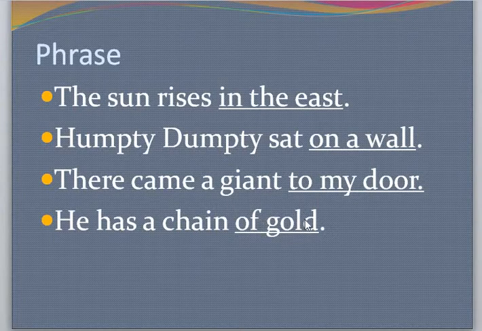Well, dear students, keep it in your mind. There are different types of phrases, like noun phrases, which contain a noun. There can be verb phrases, which contain the verb, along with adverb phrases and adjective phrases. There can be prepositional phrases like through my door, on the wall.